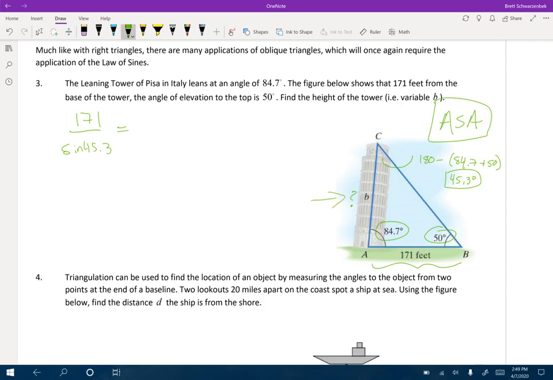So it's going to be B over the sine of the angle opposite it, which is 50. If we solve that, we're going to get B is equal to the diagonal product of the opposite diagonal divided by the sine evaluation that is opposite to B. We are going to get in our calculations approximately 184.3 feet for the height of the tower.